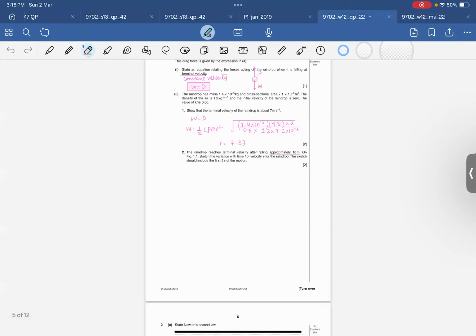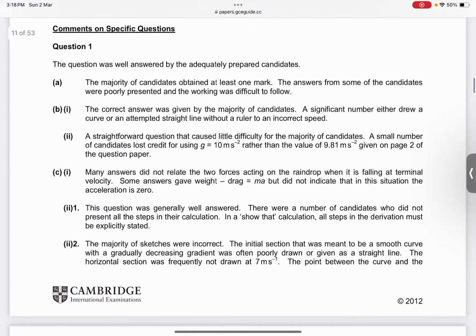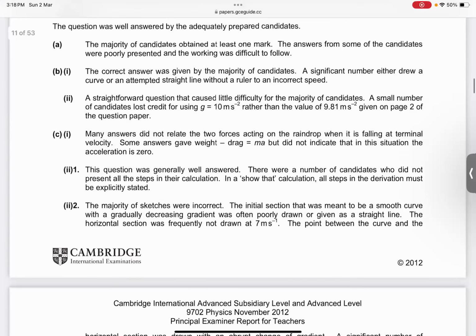If we check the examiner report, the examiner says that the majority of the sketches were incorrect. The initial section that was meant to be a smooth curve with a gradually decreasing gradient was often poorly drawn or given as a straight line. Since the drag force is present, the acceleration will be decreasing, right?